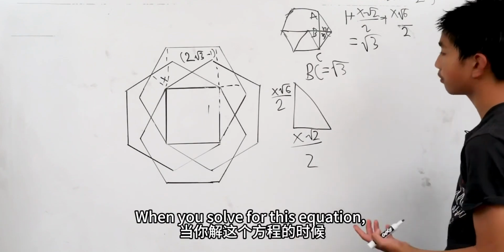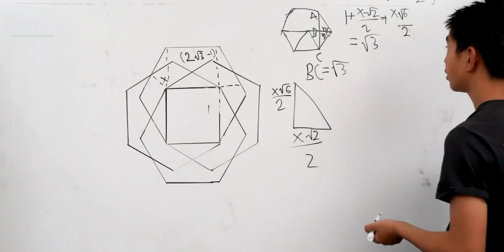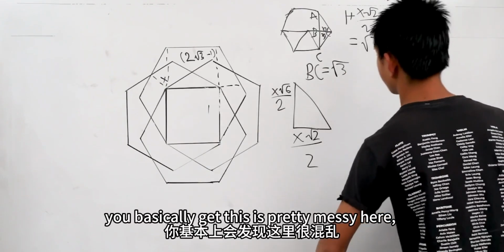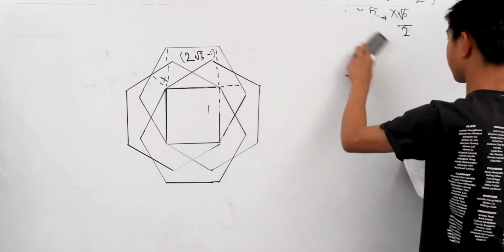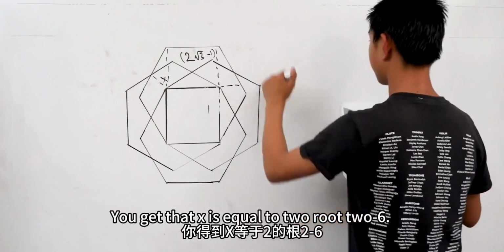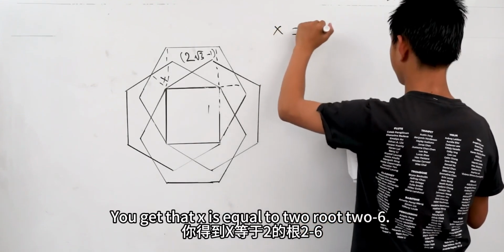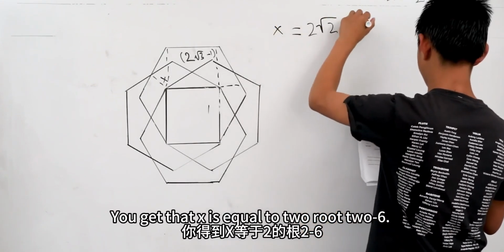So when you solve for this equation, this is pretty messy here, but we don't need this. You get that x is equal to 2 root 2 minus 6.